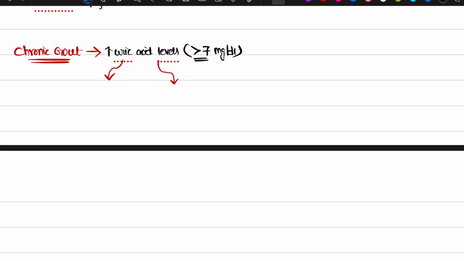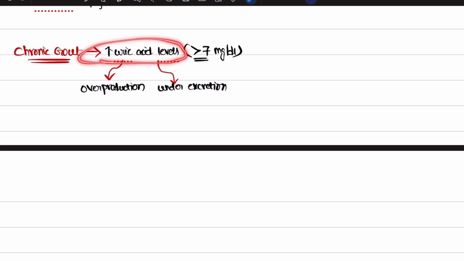So here, overproduction and under excretion. See how the uric acid is increasing in our body, because something is overproducing the uric acid, and here there is decreased excretion.